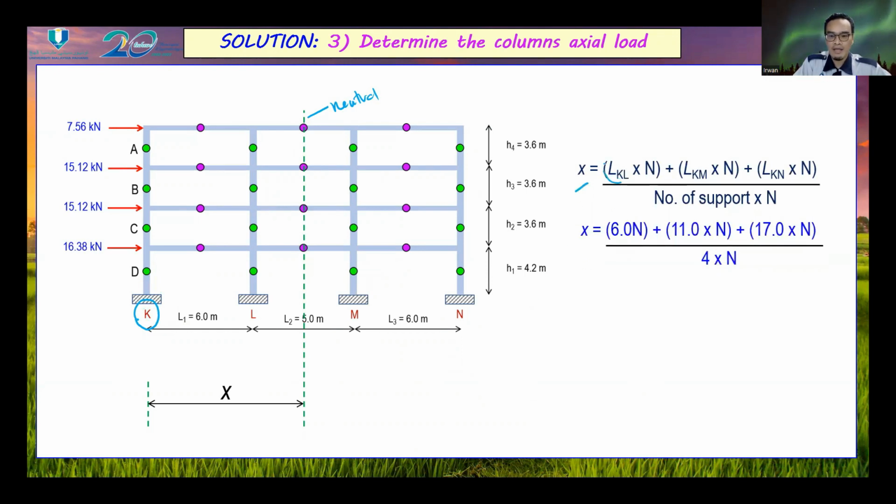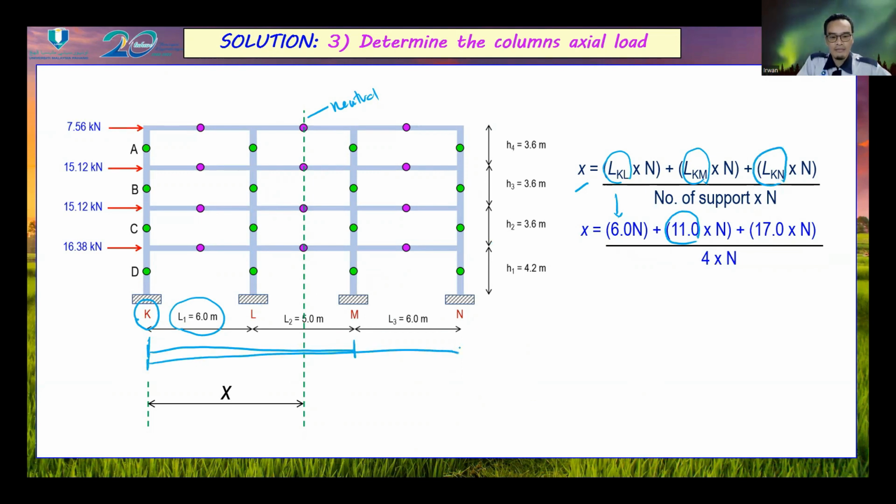LKL is equal to 6, this is the LKL or L1. And then LKM is the distance from K to M, which is 11 in this case. And then LKN is the distance from K to N, which is 17. And then we divide by 4, which is the number of supports. So the X is equal to 8.5 meter.